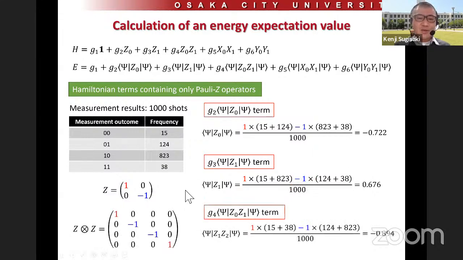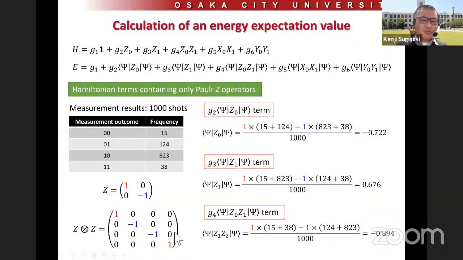For the Z0 Z1 term, the operator can be expanded as shown here. This 4x4 matrix was obtained by a direct product of Pauli Z times Pauli Z. So as you can see, the eigenvalue of the Pauli ZZ operator is 1 for the 00 state and 11 state.